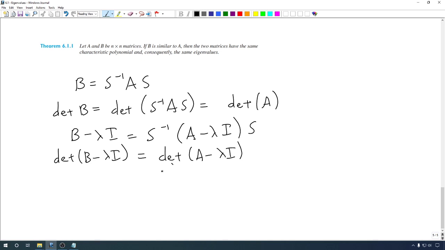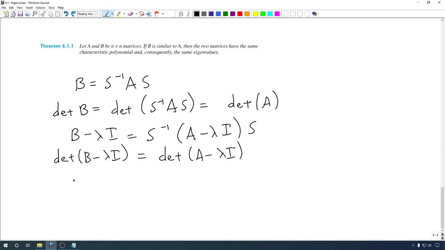So why did we actually talk about similar matrices in the first place? Well, that really means that A and B are actually just the same linear transformation in a sense, just maybe under a different basis. That's why we mentioned these in the first place. If we change the basis, then we can change one matrix into something that's similar to it.